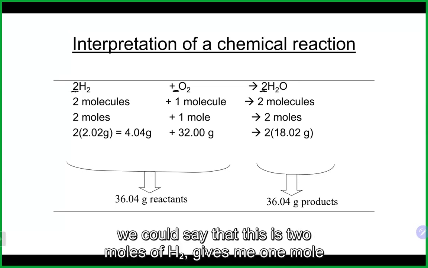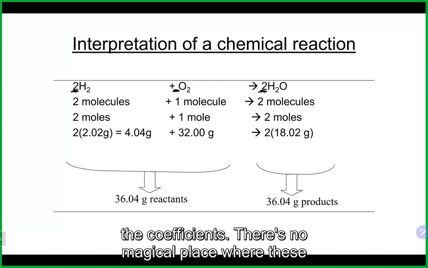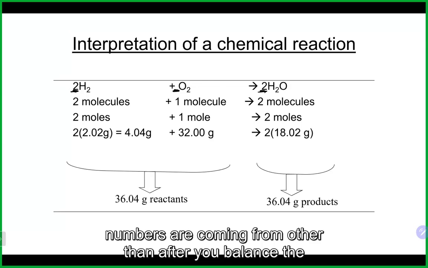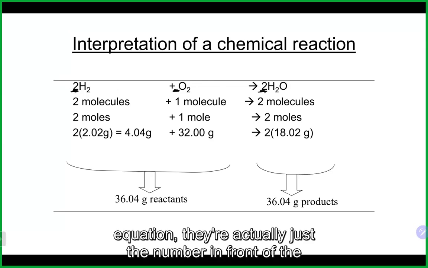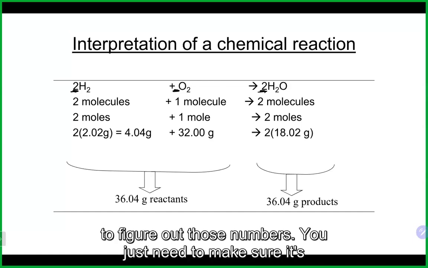And we could say that this is 2 moles of H2 gives me 1 mole of O2 and 2 moles of H2O. These numbers are simply just the coefficients. There's no magical place where these numbers are coming from, other than after you balance the equation, they're just the number in front of the formula in the equation. So there's no calculation to figure out those numbers. You just need to make sure it's balanced.